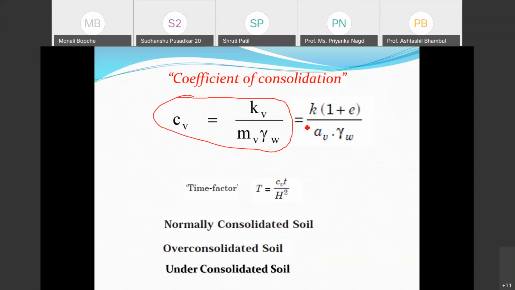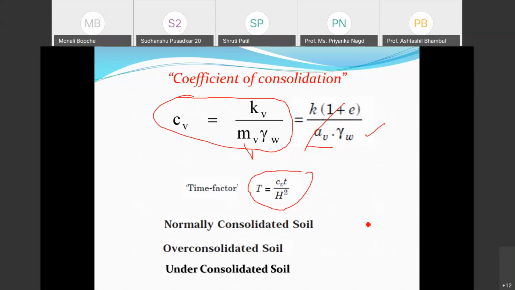And I can put it the other way, that this mv, the volume compressibility, can be taken as av upon 1 plus e. This k and gamma w remain the same. Now this time factor, that is how much time it will take to consolidate by a certain amount, I can get by using the Cv into t upon Hd square equation.